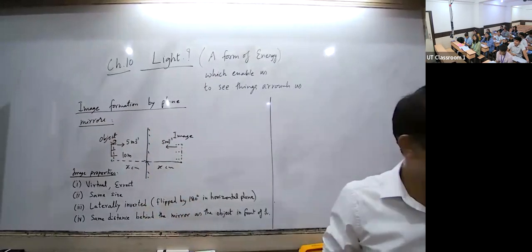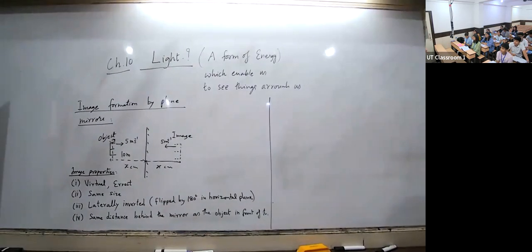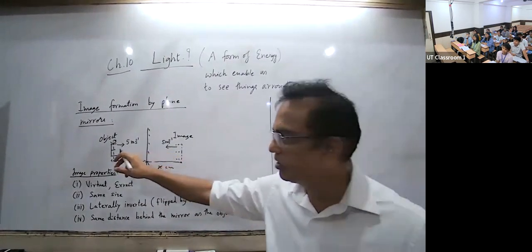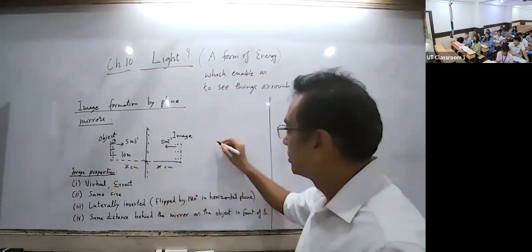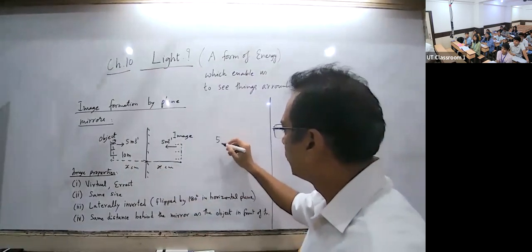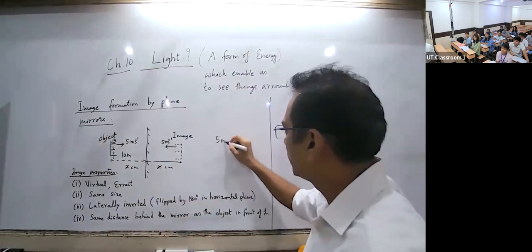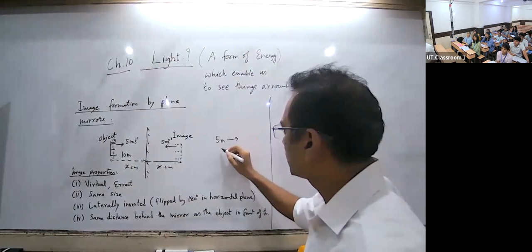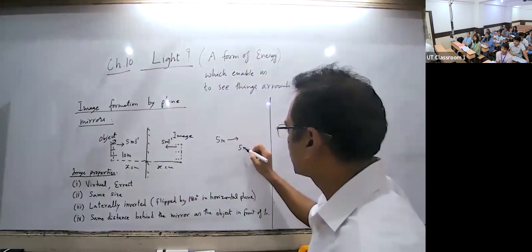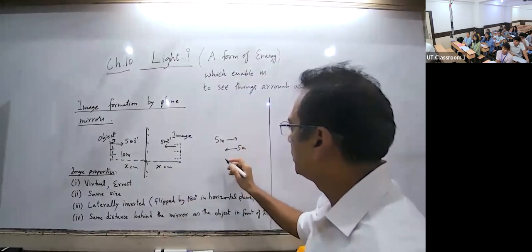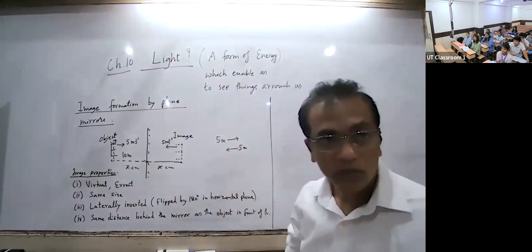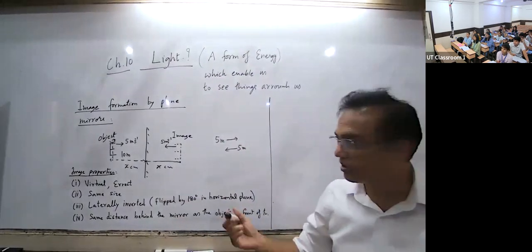Mirror is stationary. But what about the speed with respect to the object? So one car is traveling, let's say 5 meter in this direction, the other car is traveling with 5 meter in the opposite direction. So what is the relative speed? They will get added, 10 meter per second, isn't it?